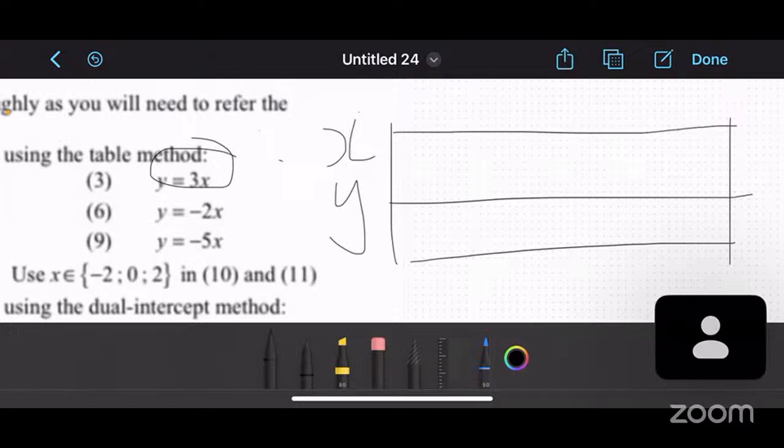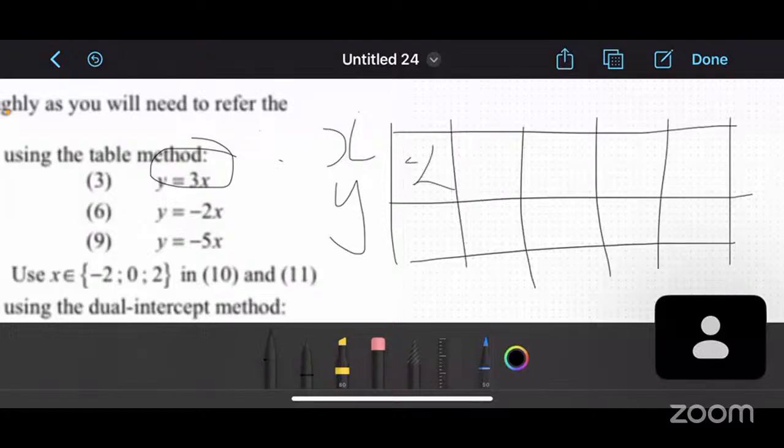We usually pick 5 because it's going to be -2, -1, 0, 1, and 2. So these are always going to be there. Just make sure as you are picking, you have the negative x values and the positive x values, and also you must include a 0, right?